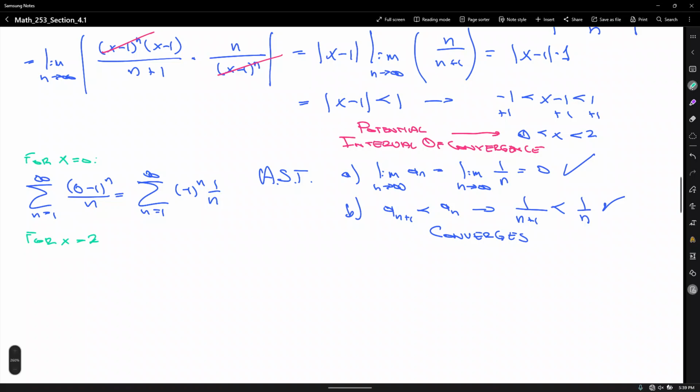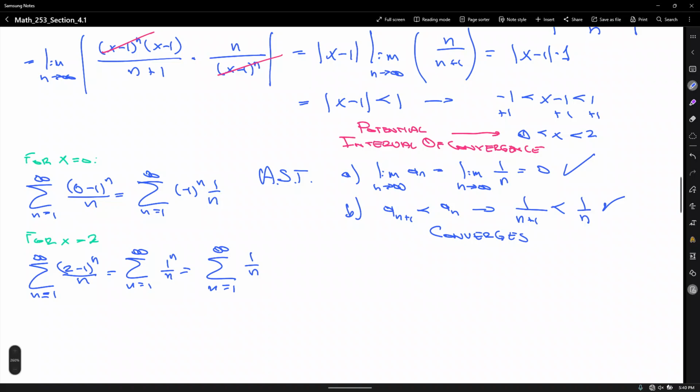So that is the sum from n equals 1 to infinity of (2 minus 1) to the n over n, which is 1 to the n over n. But 1 to the n is just 1. You guys agree with that? It doesn't do anything. So it is the sum from n equals 1 to infinity of 1 over n.